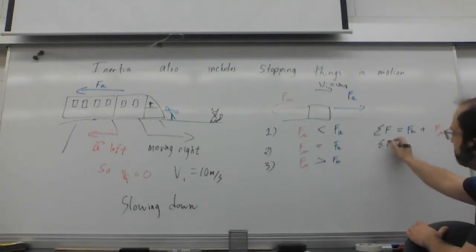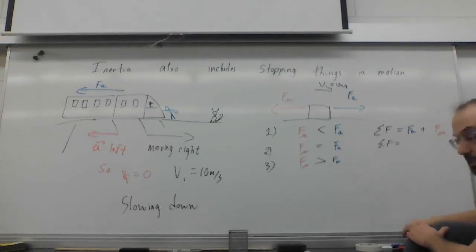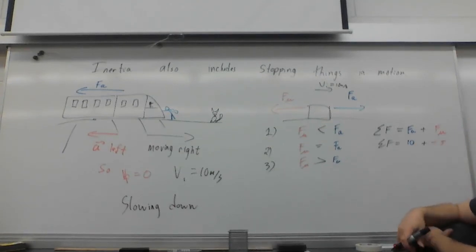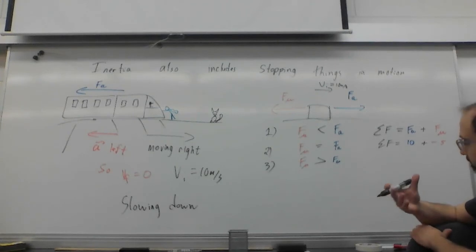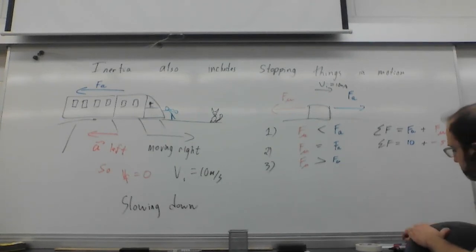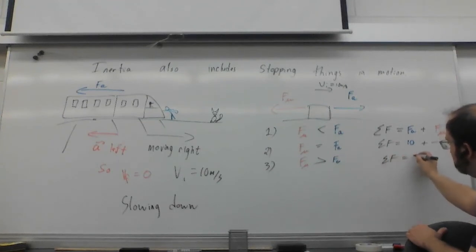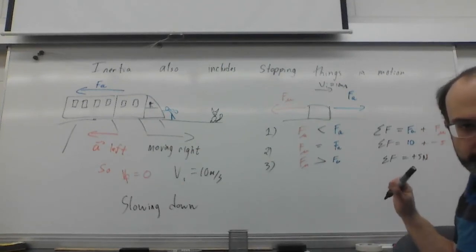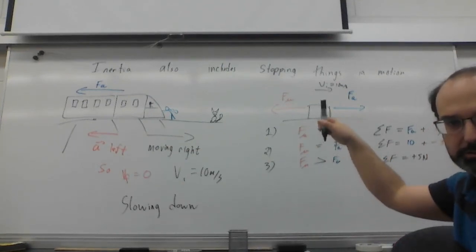Well, that means the sum of all forces, if I use those numbers that I just made up, this will be 10, this will be negative 5, because it's going the other way, and then we're going to get positive 5. So if I get positive 5 right here, what does that mean for what's going to happen here?